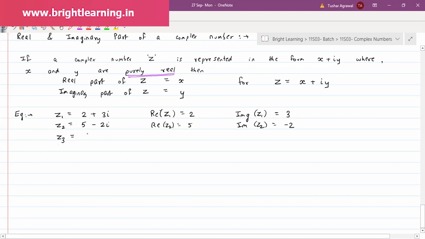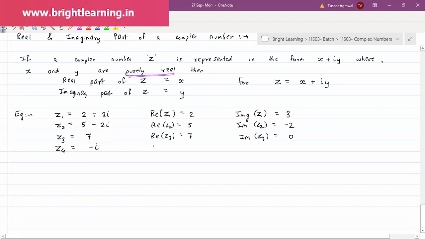Z3 is equal to 7, a real number, so the real part is 7 and the imaginary part of Z3 is 0.